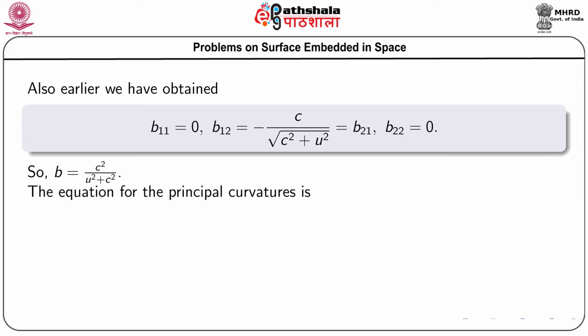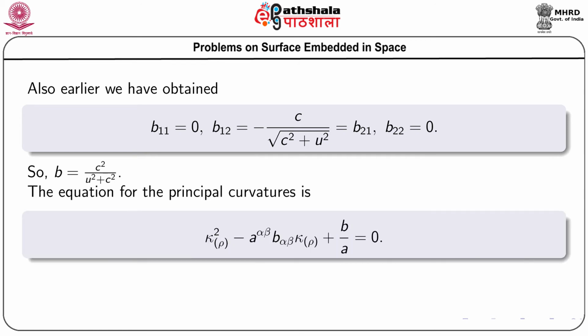Now, the equation for the principal curvatures is, we know this one: kappa square minus a alpha beta b alpha beta kappa p plus b by a equals 0. This is the equation for the principal curvatures we have seen earlier in our previous modules.